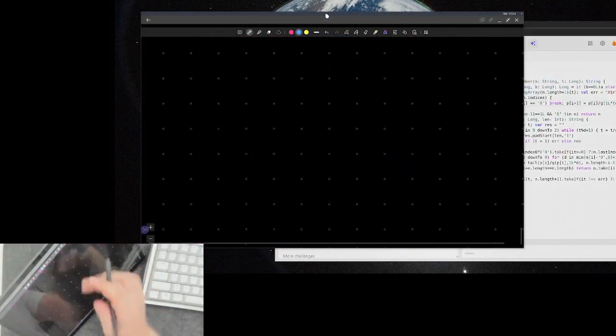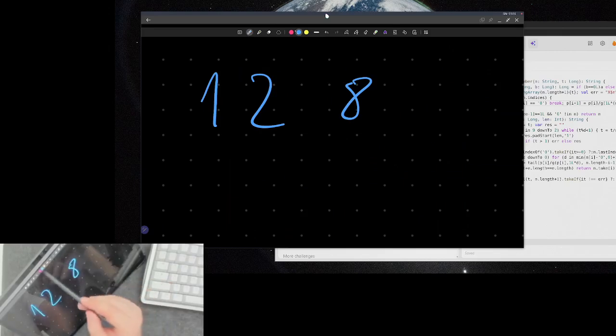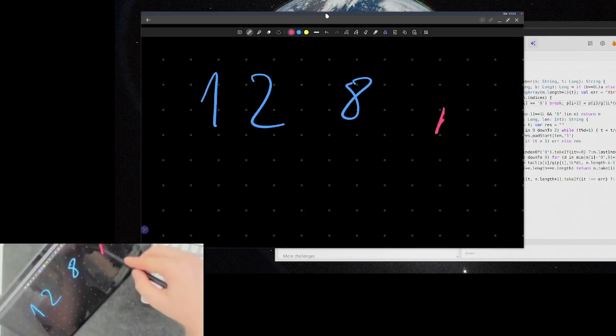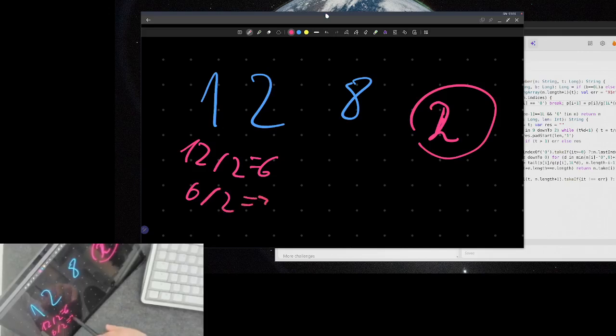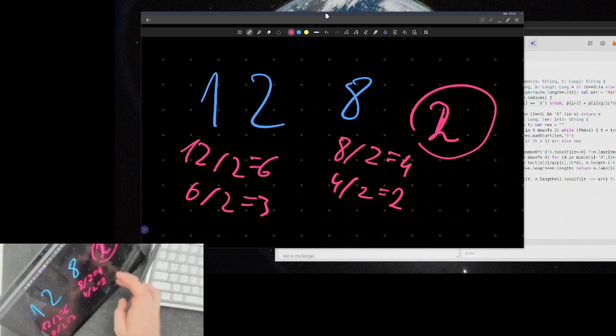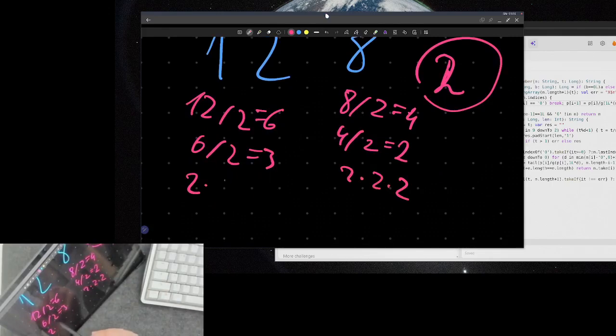So imagine we have numbers 12 and 8, and we want to destruct, or I don't know, decrease them by some digit 2. So we can do it like 12 divided by 2 equals 6, 6 divided by 2 equals 3, and 8 divided by 2 equals 4, 4 divided by 2 equals 2. And that means it's 2 times 2 times 2, and this is 2 times 2 times 3.